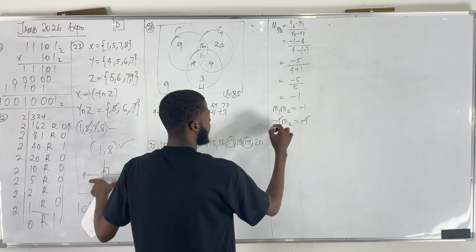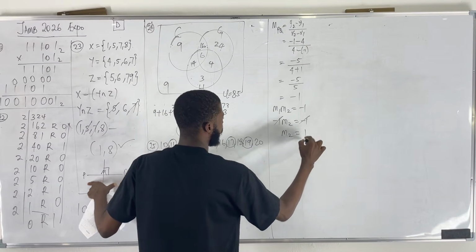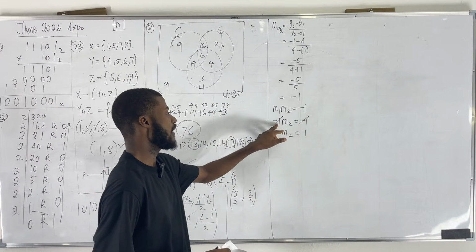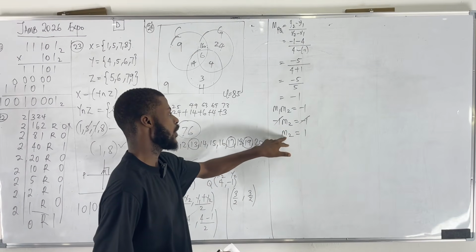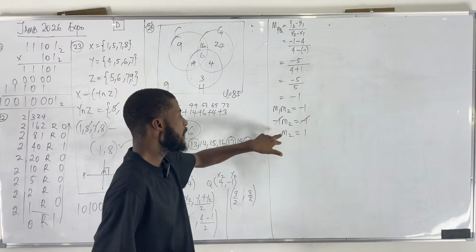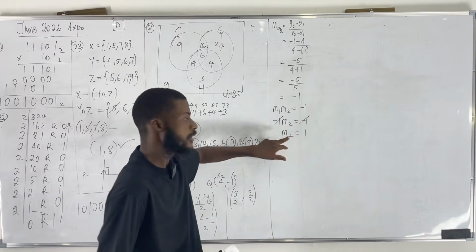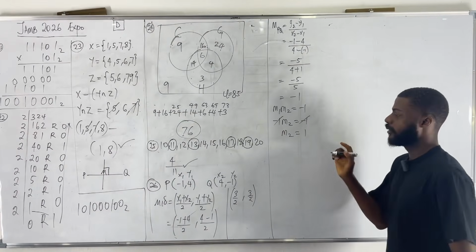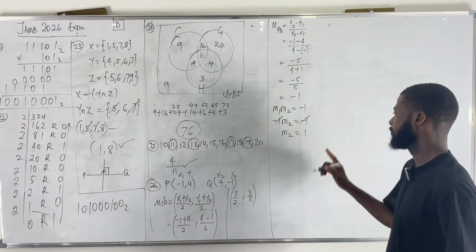So when you divide both sides by minus 1, M2 is equal to 1. That means the gradient of this line, M, is actually 1. So now, let's get the equation of our line.